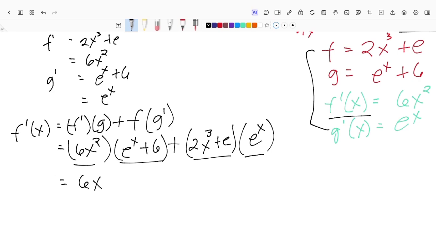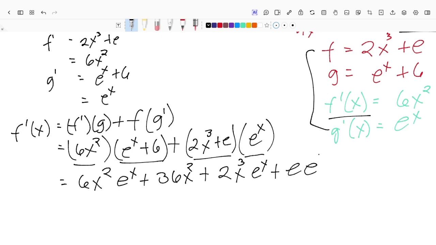Therefore we get 6x squared e^x plus 6, we get 36x squared, plus distribute the 2x cubed to e raised to x, we get 2x cubed e^x, plus, copy the sign, we have our e times e^x, we get e raised to x.